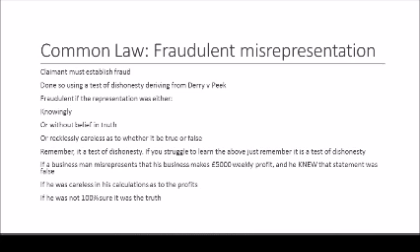So in other words, there are 3 situations where fraudulent misrepresentation can occur. The first one is if the representor knows that the representation being made is false, if it's fraudulent. The second one is that he doesn't truly believe what he's saying.